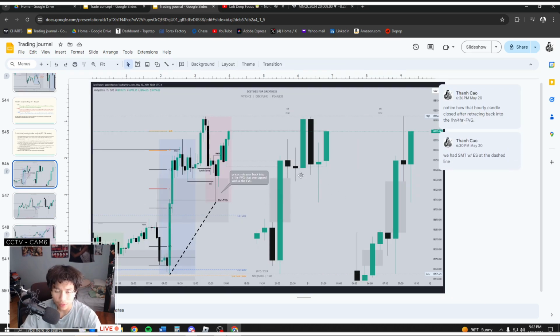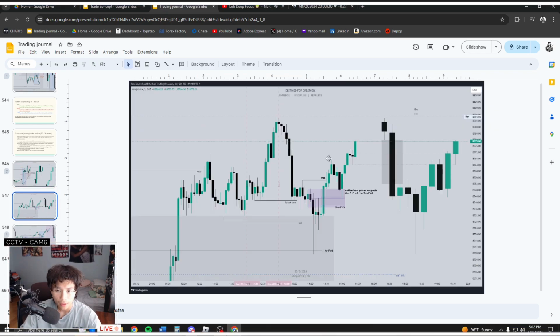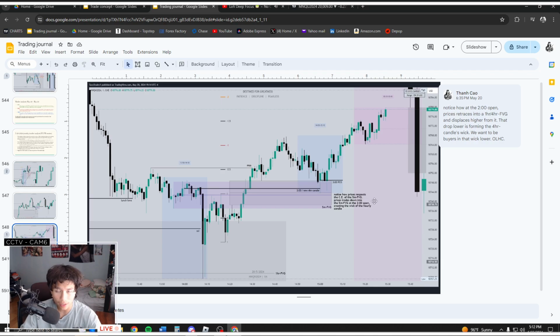The objective for this trade essentially is to take out this hourly candle's high, and here we are. This is the hourly high right here, and we never took out the high yet before retracing. This is what I mean by we can allow price to retrace back inside the FVG before taking out the objective.